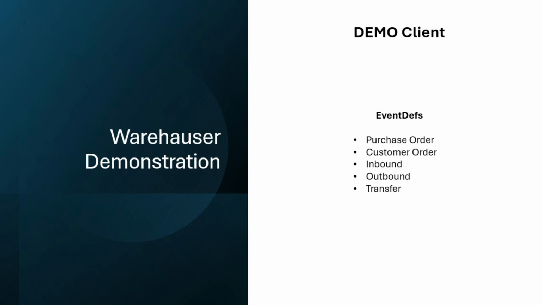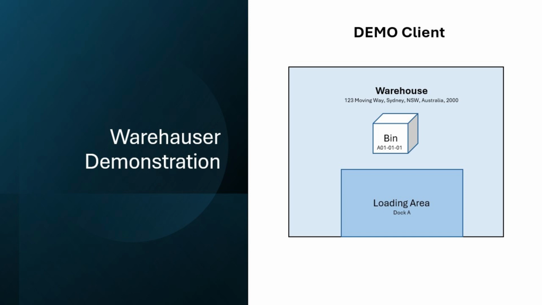You observe that workers are kept busy with purchase orders, customer orders, inbounding products and packages, outbounding products and packages, and transferring products to and from areas and bins. So initially, you realize we need to create warehouse defs, product defs, event defs, and an initial state of warehouse instances to reflect the following map.